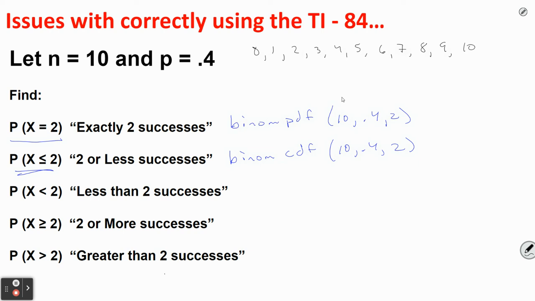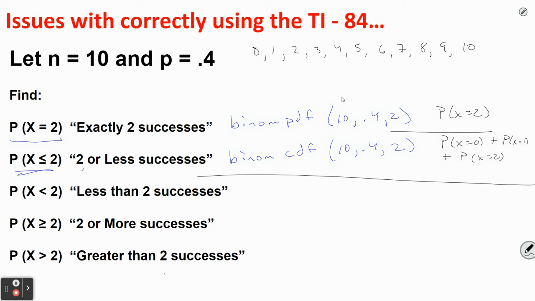All right. So if we want to go less than 2, when we did this first one, this is probability of x equals 2. When we did this second one down, this is x equals 0 plus x equals 1 plus x equals 2.